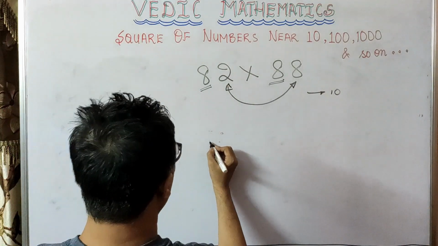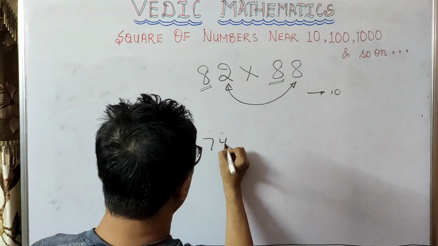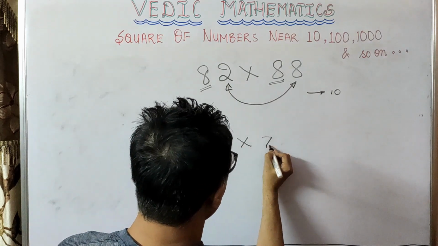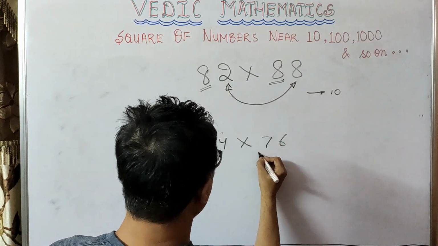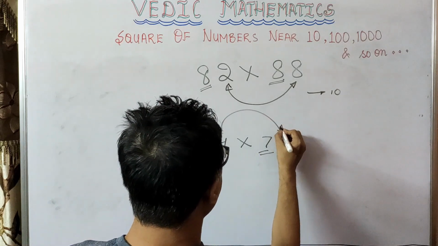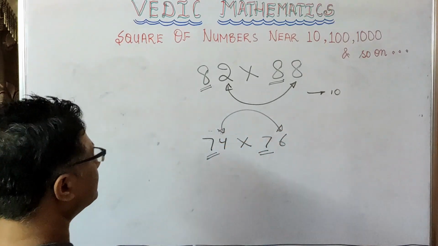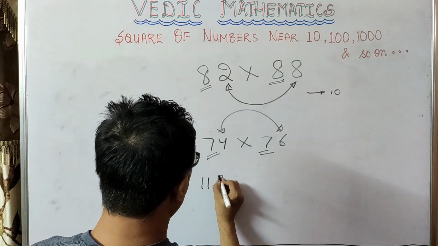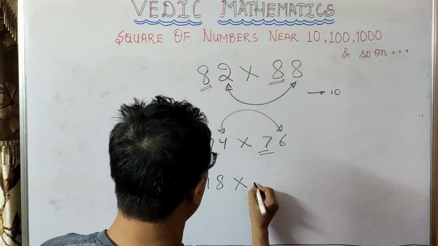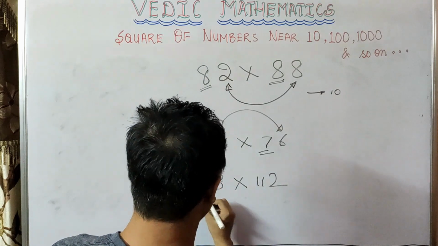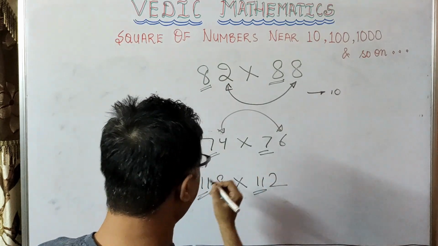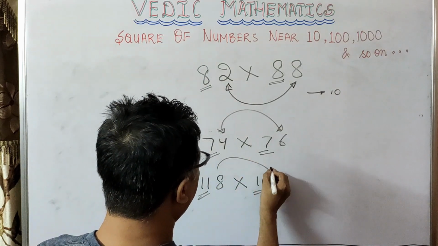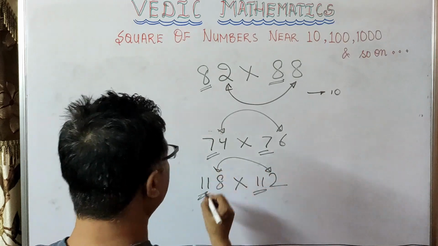Similarly, 74 multiplied by 76. 7 is the same. 4 plus 6 is what? 10. Multiplication of, say, 118 with 112. 11 is the same. 8 plus 2 is 10.